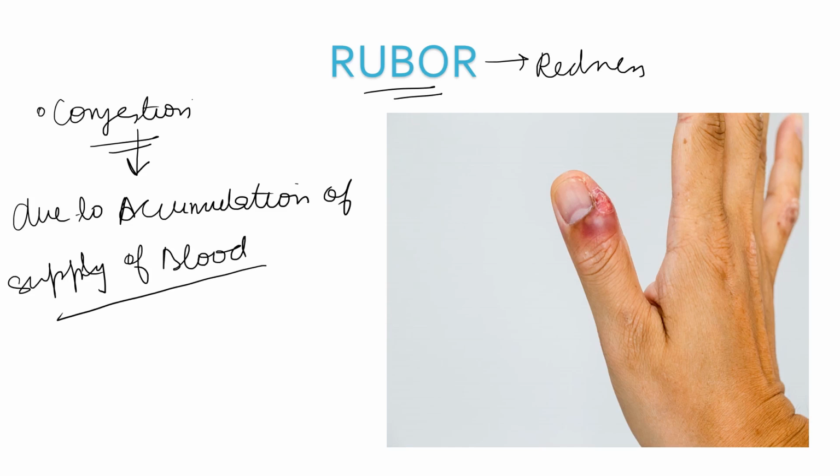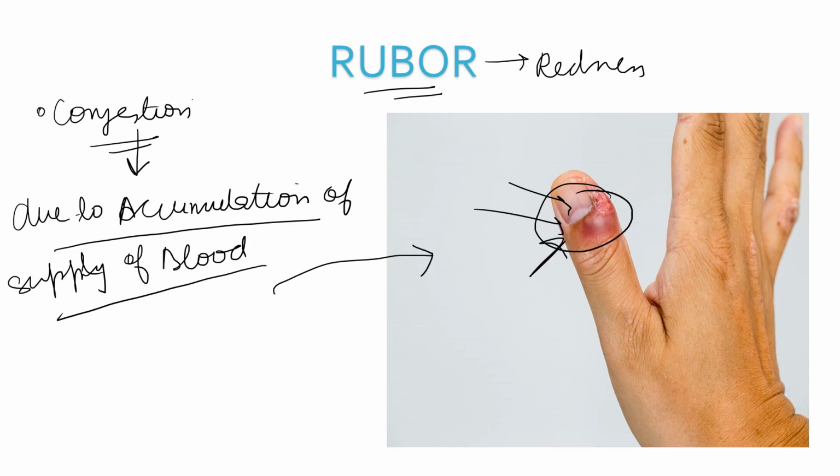Due to the accumulation of supply of blood at a place of inflammation, we can see a redness in that area, because the more blood vessels, the more blood is surrounded in the place of inflammation, the more red it will appear because of the hemoglobin present here.